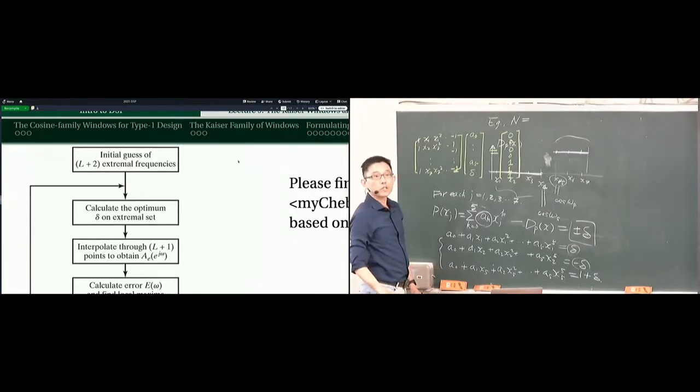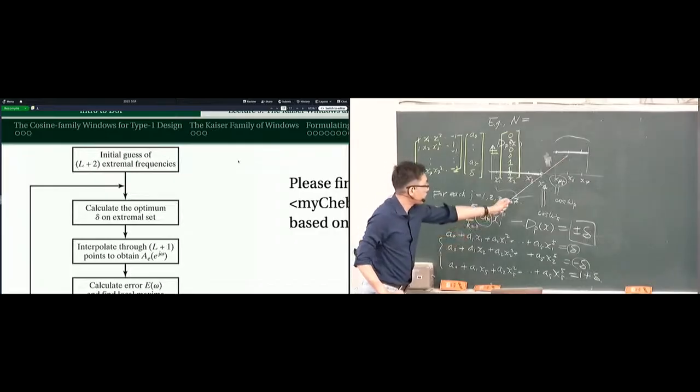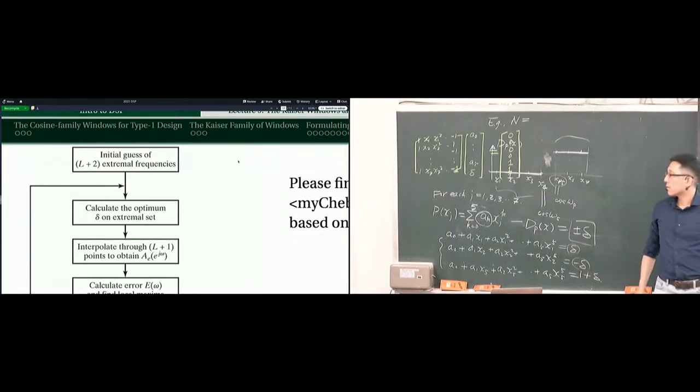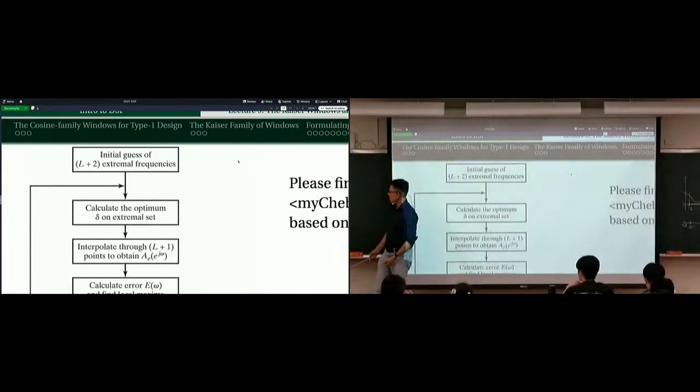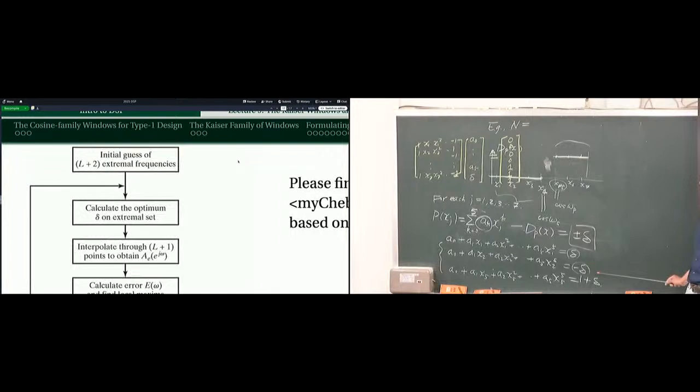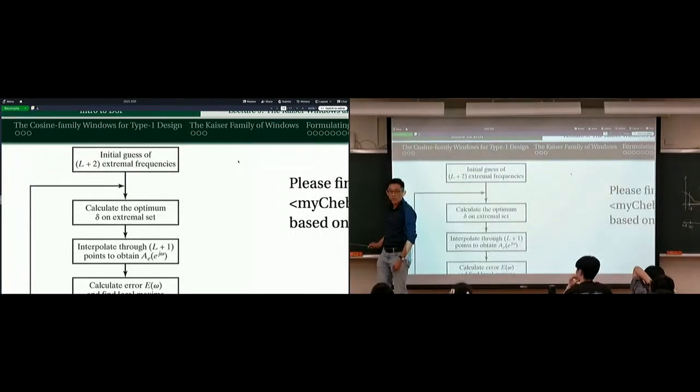So roughly speaking, this can be found in the textbook, but in principle, hopefully I have convinced you that by guessing first where the extremal frequencies are, we can write down 7 equations with 6 unknown coefficients plus 1 unknown, that is delta. The last unknown is delta.